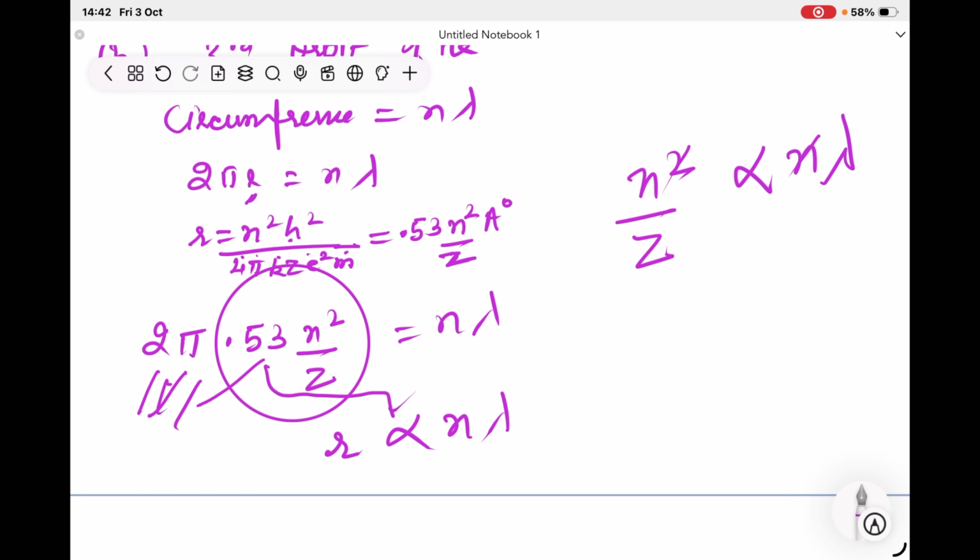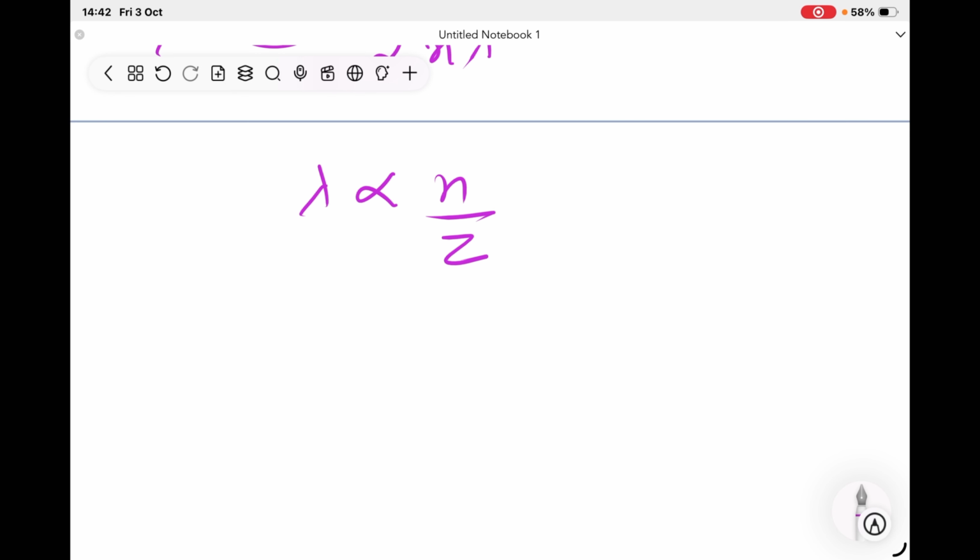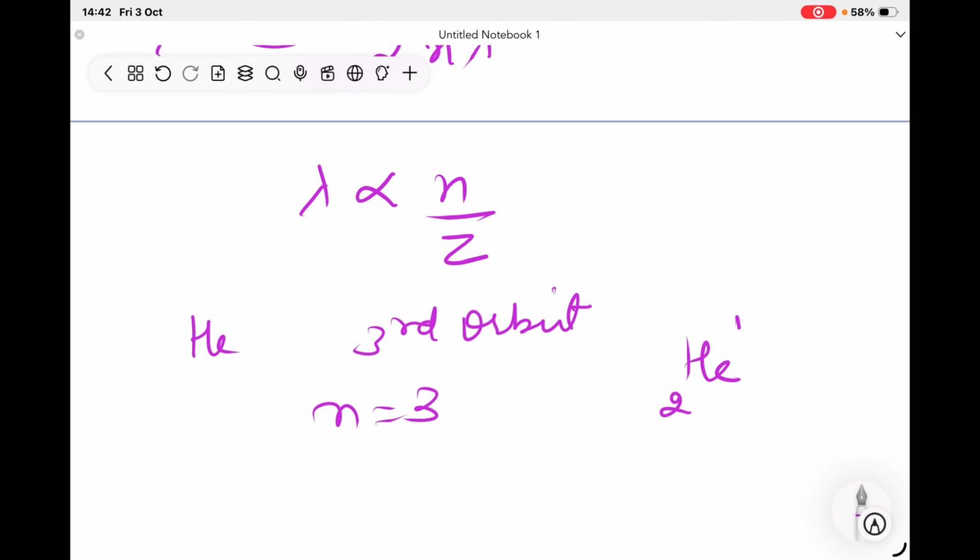So one n is cancelled. So lambda is proportional to n by z. Now it was given third orbit of helium. So for helium's third orbit, n is 3, and for helium the atomic number is 2.